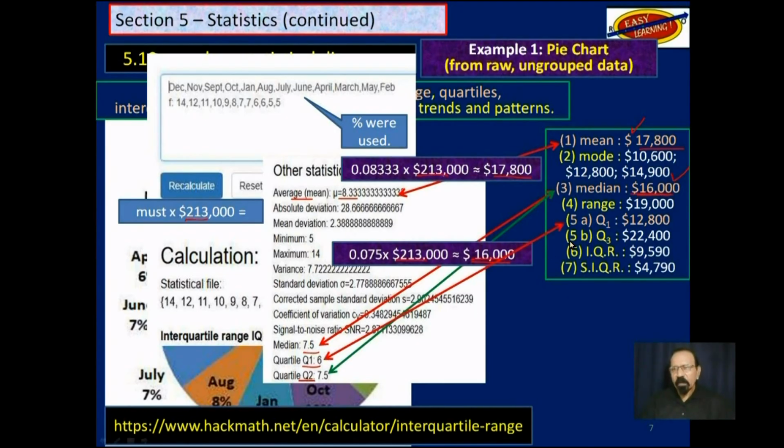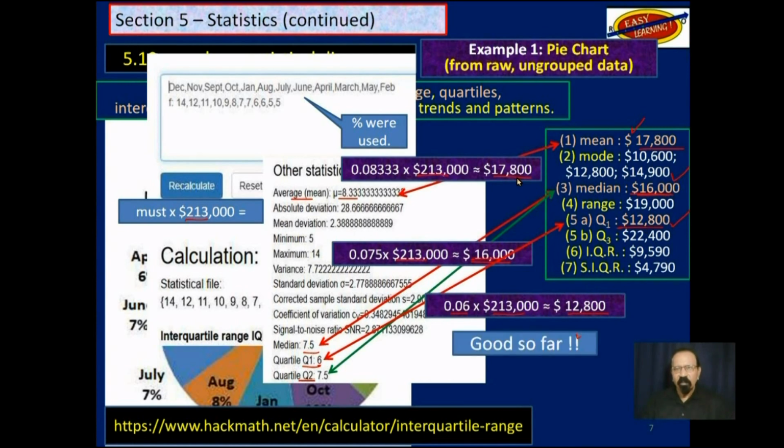The first quartile, 6%, multiply 6%, which is 0.06 by 213,000, and we get 12,800, which is this first quartile here, exactly 12,800. So far, we are doing fairly well. Our answers from the pie chart correspond exactly with those from the calculator.